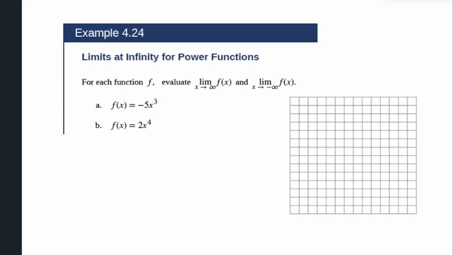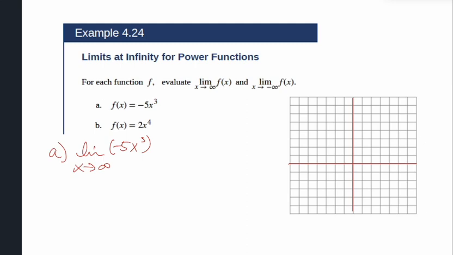So let's take a look at this. It says for each, we're going to find the end behavior. So let's take a look at A. For A, we know that it is a flipped upside down power function with an odd power.